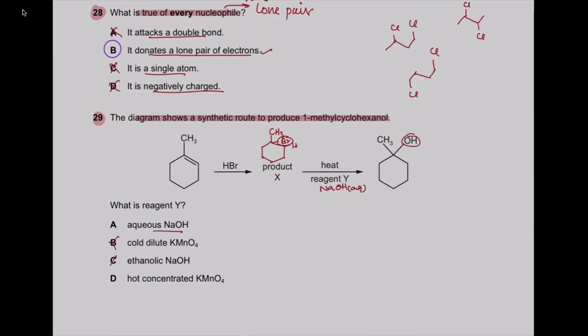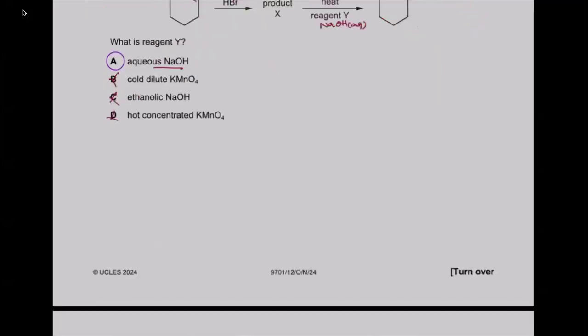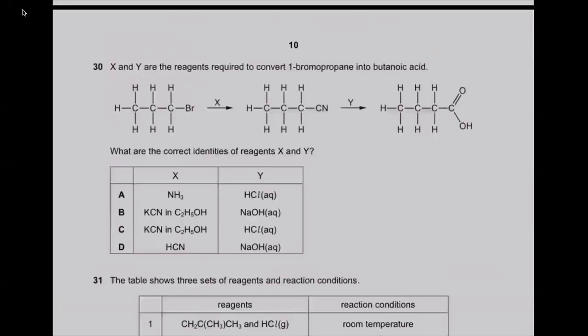Now, MCQ number 30. X and Y are the reagents required to convert 1-bromopropane into butanoic acid. Okay. What are the correct identities of reagents X and Y? So if you see, bromine is turning into CN and CN is turning into a carboxylic acid. So bromine to CN, if you recall, is potassium cyanide ethanolic or sodium cyanide ethanolic.